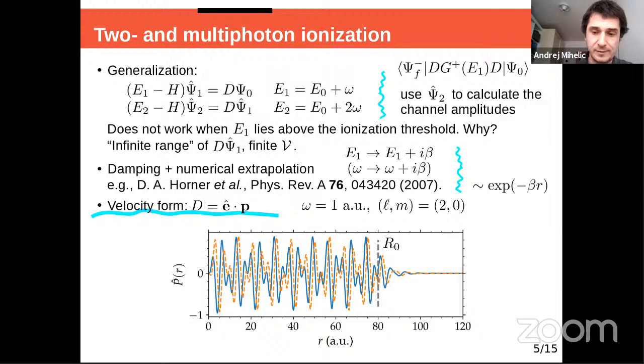And here we will try to explain how to avoid this. I will give you an alternative way of calculating these two- and multiphoton amplitudes. Let me start by saying that we will concentrate on the velocity form of the dipole operator from now on, and the reason for this will become clear soon.